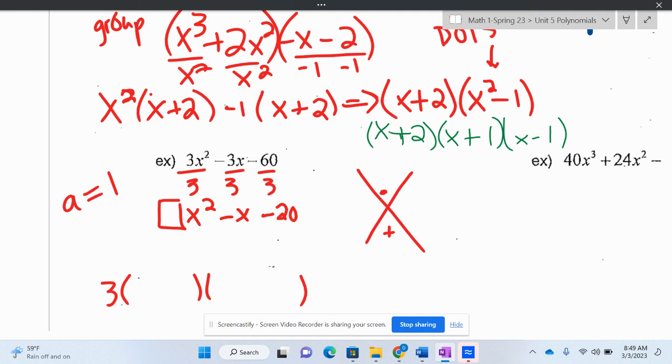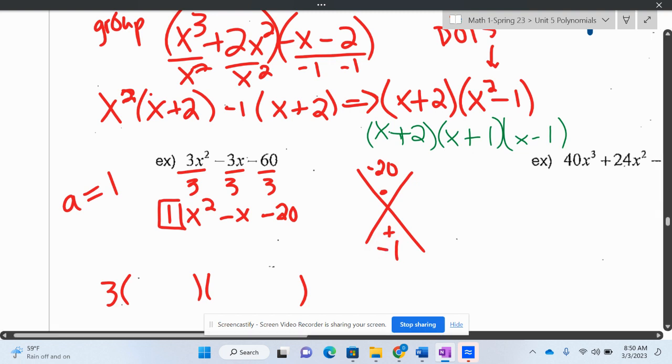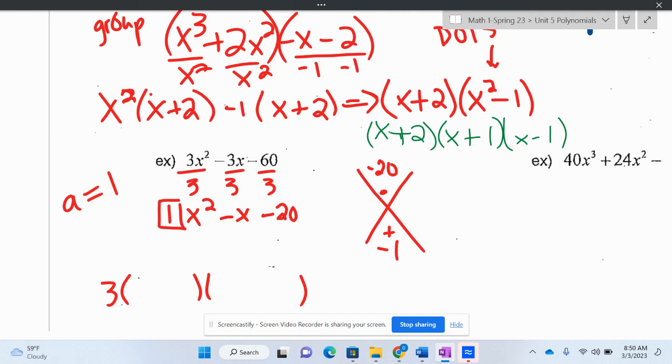So times plus 1 times negative 20 is negative 20. Has to add up to a negative 1.